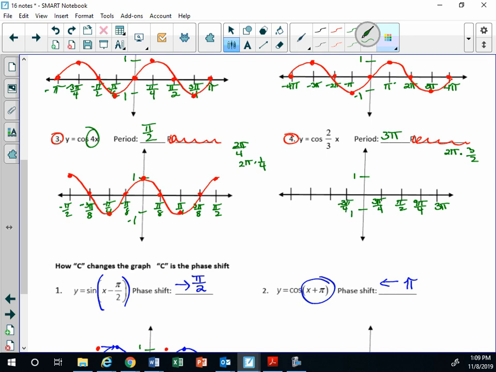Yep. Because it really ends up being, no, it should be 3 pi over 2, right? Because it's 6 pi over 4? Yes.